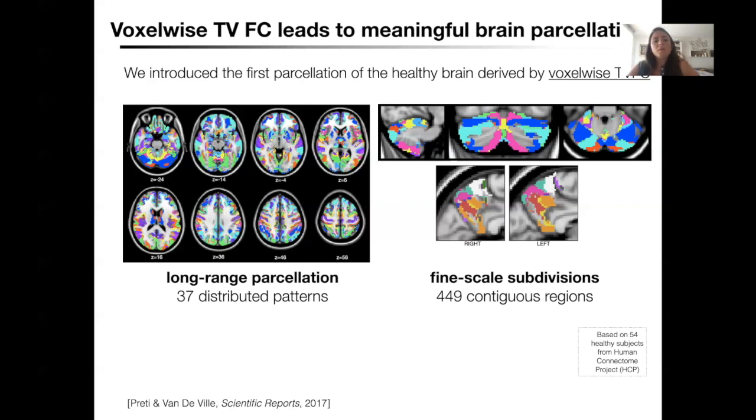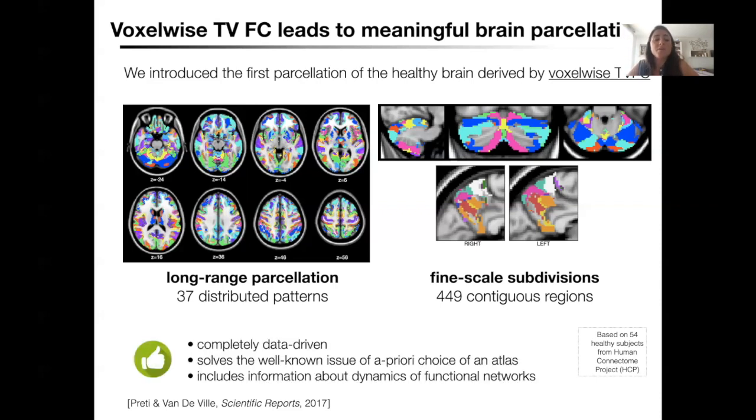So based on the voxel-wise results, so voxel-wise dynamic functional connectivity, we just, in a completely data-driven method, aggregated voxels that had the exact same behavior in terms of DFC, time-varying functional connectivity.